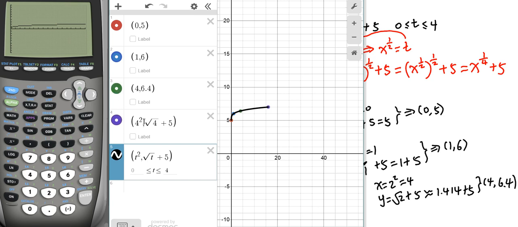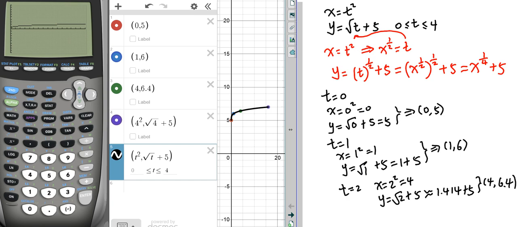Third point. The fourth point you can do is plug in 4 here. 4 squared is 16, so x will be 16. And you plug in here radical 4 plus 5. Radical 4 is 2, so you have 2 plus 5 is 7.